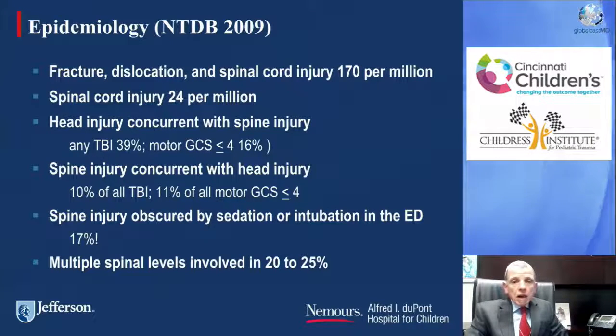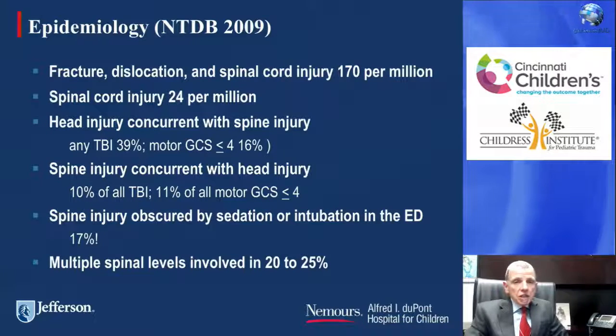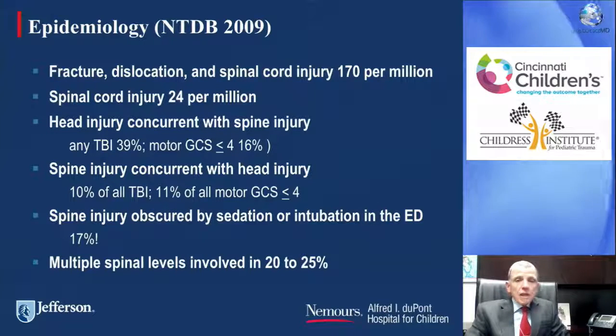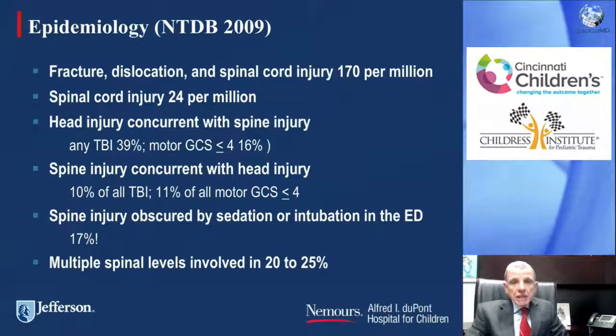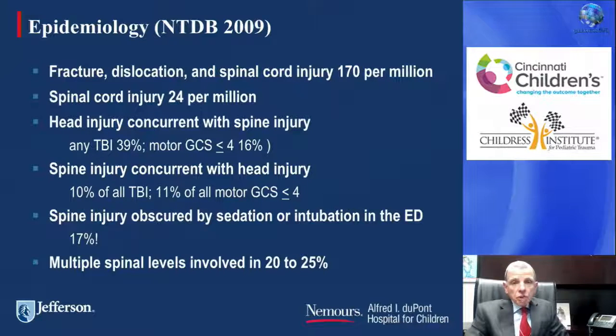Some common clinical associations to keep in mind on initial evaluation: head injuries are very common among children with spine injury. About 40% of children with spine injuries have some severity of head injury, and in this data set, 16% had GCS less than or equal to 4, so a significant head injury.